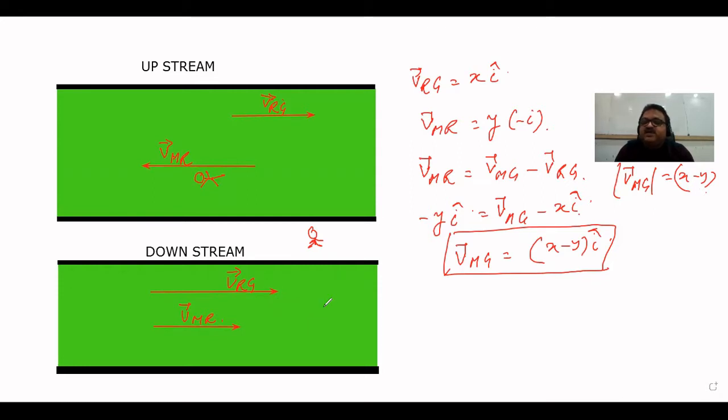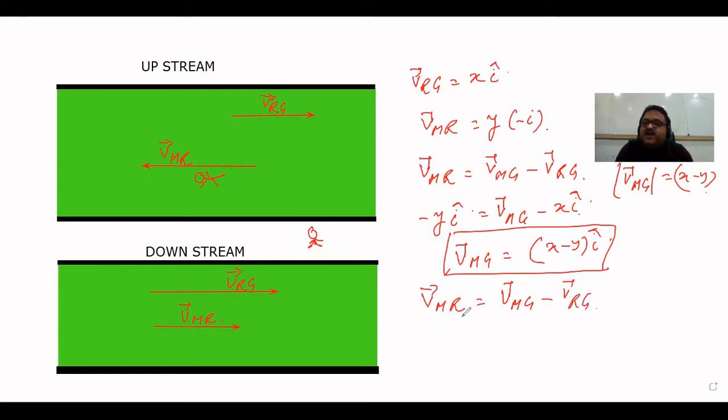Now for the second part, look at this. If it is downstream, that means the man is struggling to move in the direction of flow of the river, correct? So what to do? Velocity of the man with respect to the river is equal to velocity of the man with respect to the ground minus velocity of the river with respect to the ground.